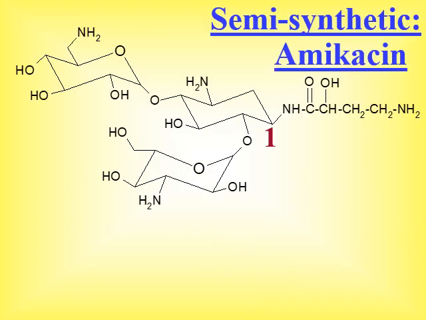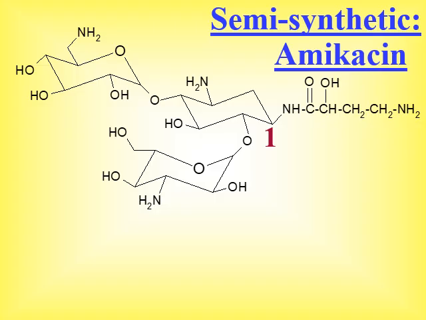Like what? Like amikacin. In case of amikacin, in the one position you have a substituent. We acylate the one amino group of the 2-deoxystreptamine ring by LAHBA, which is L-gamma amino alpha hydroxybutyric acid.